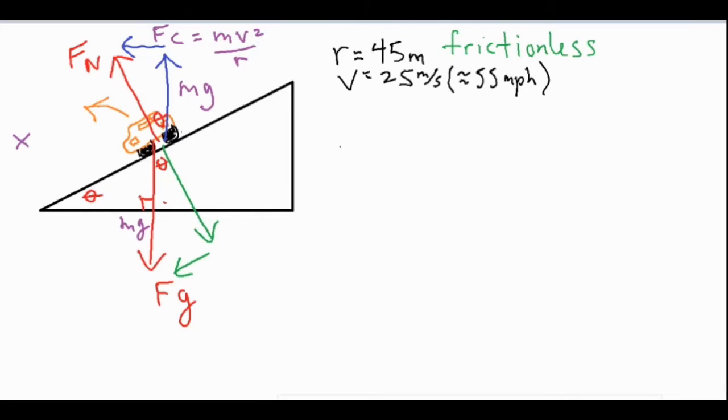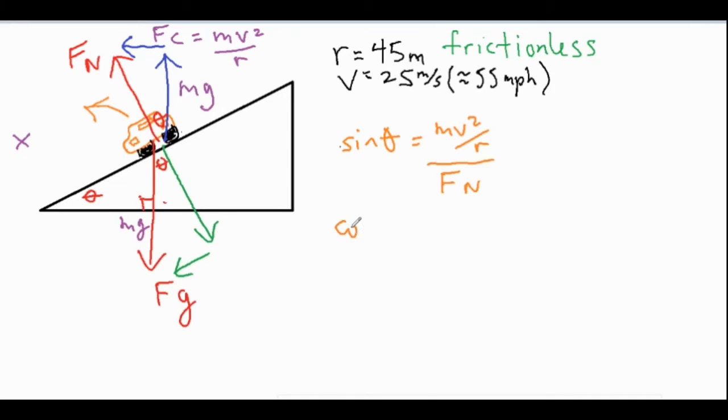Now, with that being said, we have a good triangle to work with over here, and we can use some sine and cosine components. If we use the sine of theta, that's taking the opposite over the hypotenuse. The opposite side is our mv squared over r, and then our hypotenuse is that normal force.